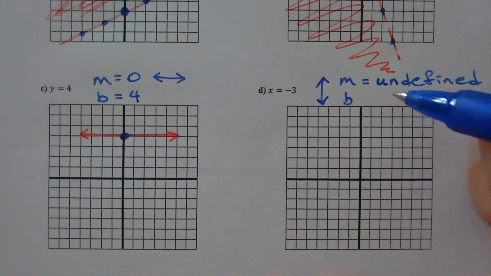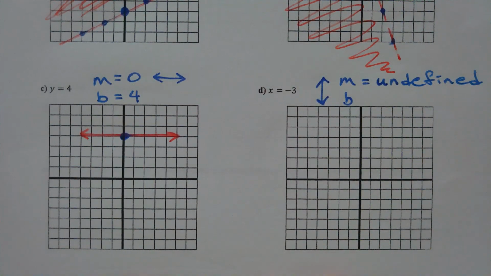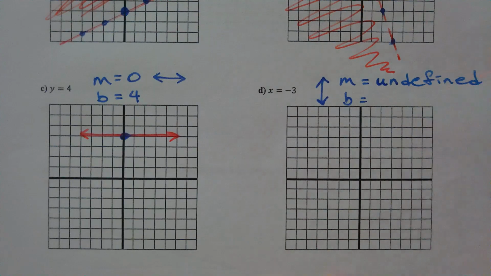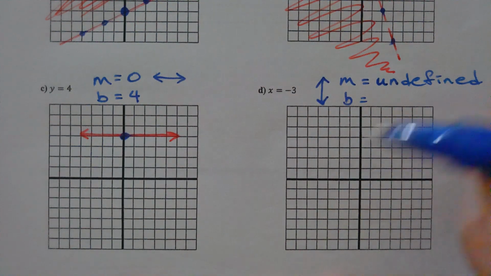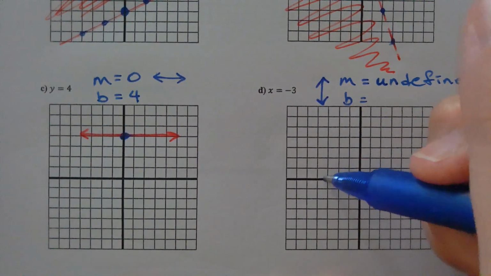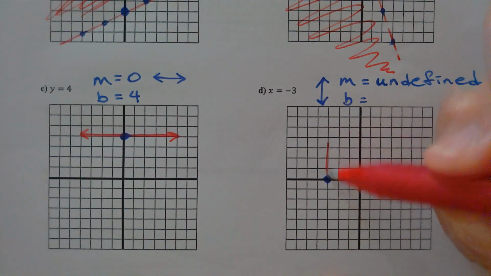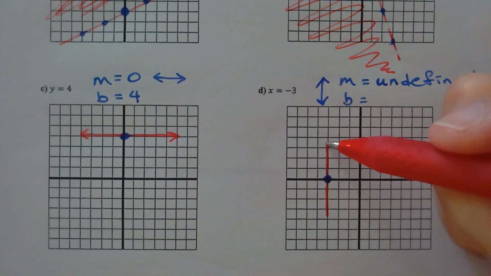All right, and what is my y-intercept? Tricky question. Max, what's my y-intercept here? x equals -3. It's a vertical line that goes through this point.